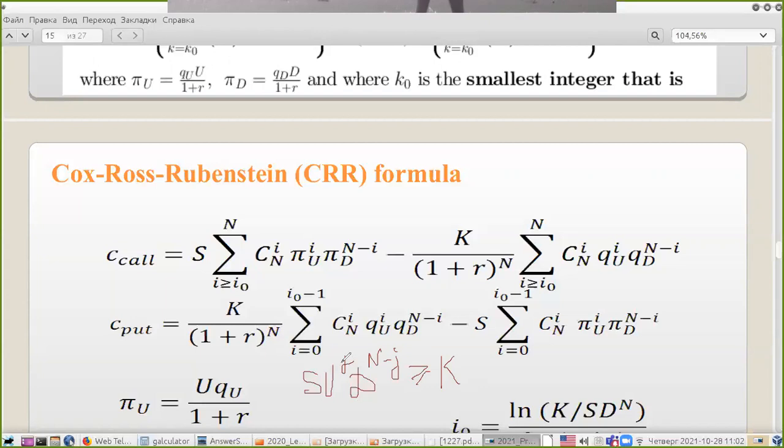What do you think? How can we solve this with respect to G?